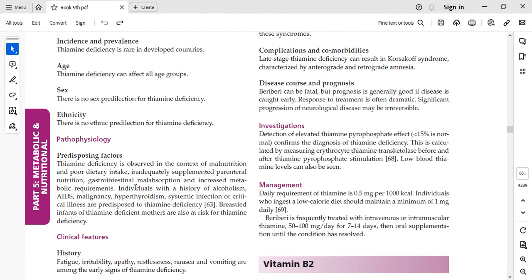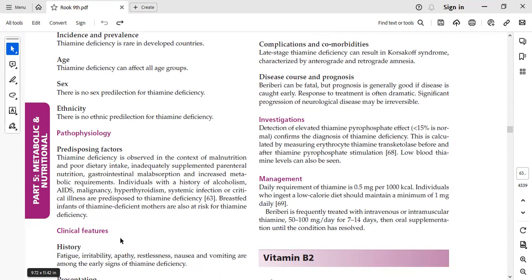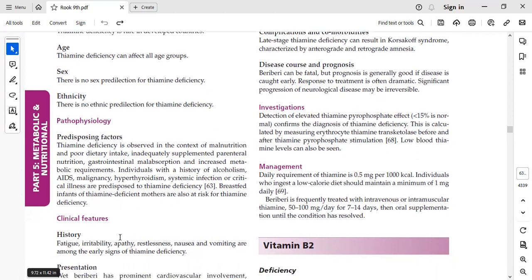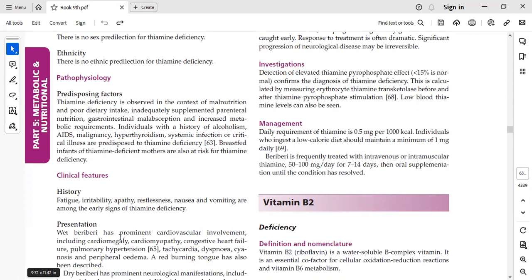The two more important predisposing factors in deficiency of thiamine are alcohol consumption and infants who are breastfed by thiamine-deficient mothers. Now, how does it present? There are a few general features that you see in the deficiency of every vitamin B complex, which include fatigue, irritability, and lethargy.